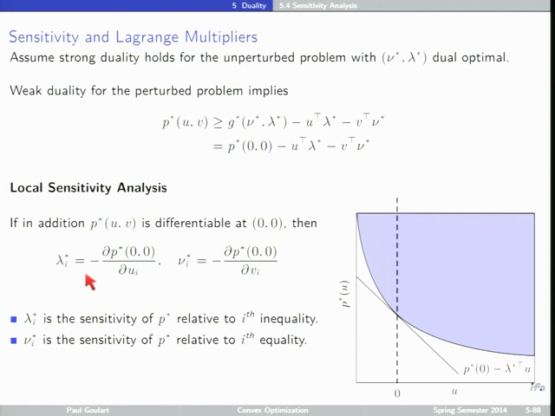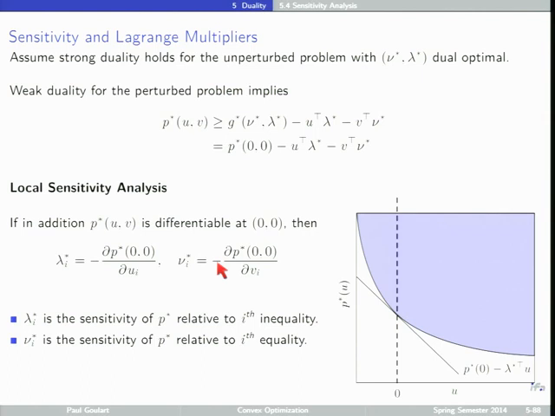Okay, so I have to assume that it's differentiable for this to be true, though. So if I have a really big positive multiplier and I manipulate the right-hand side of the inequalities for a differentiable function P star, then the cost is going to go way down. And if I make it tighter, the cost is going to go way up, at least locally, for small changes in U. And likewise for the equality multipliers.